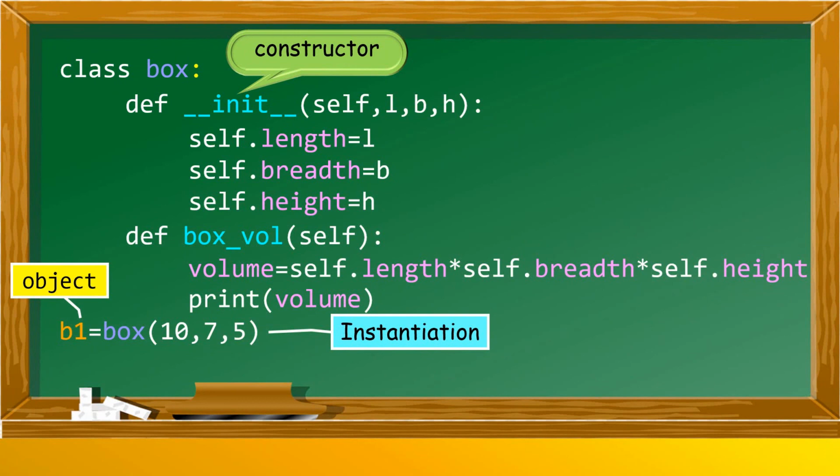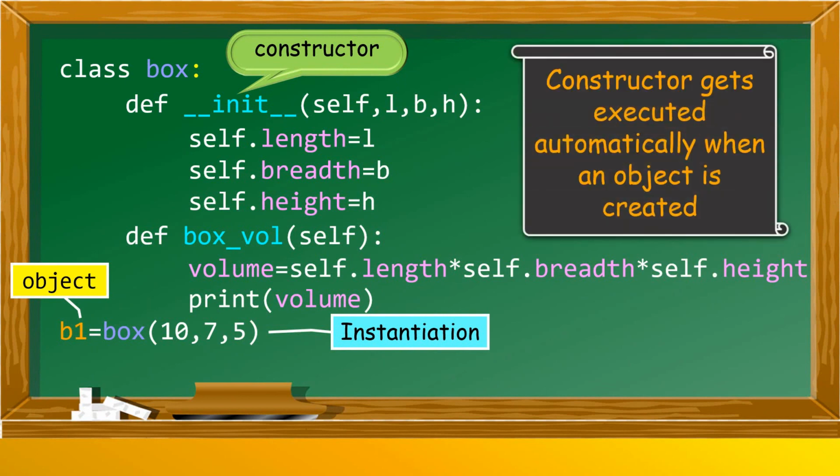During instantiation, the constructor gets executed automatically when an object is created. So whenever you create an object, the constructor gets executed automatically. That is the nature of constructor.